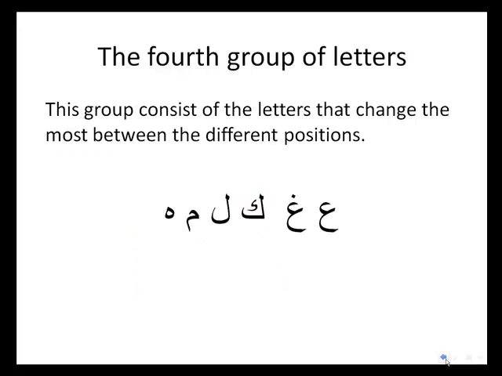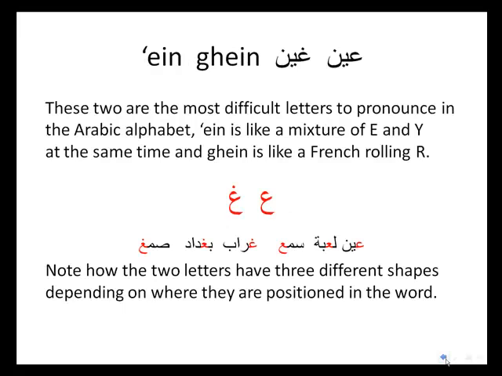The fourth group of letters are the letters that change the most between the three different positions. If you have a look at them here now, you can see that the first two are the same type of letters and the other ones have their own personal shape. The first two letters are Ain and Ghain.